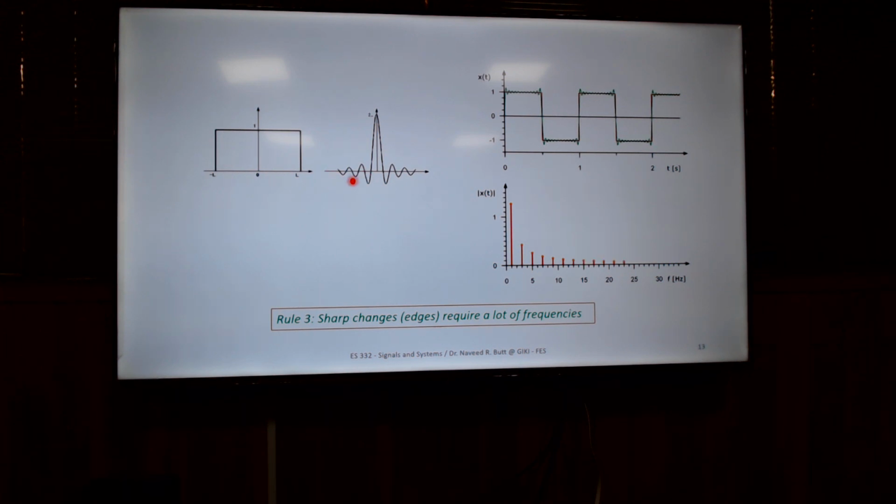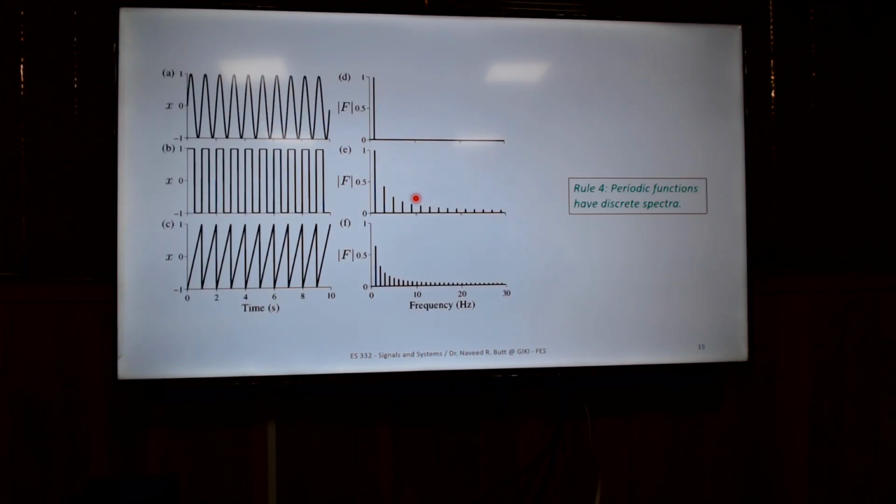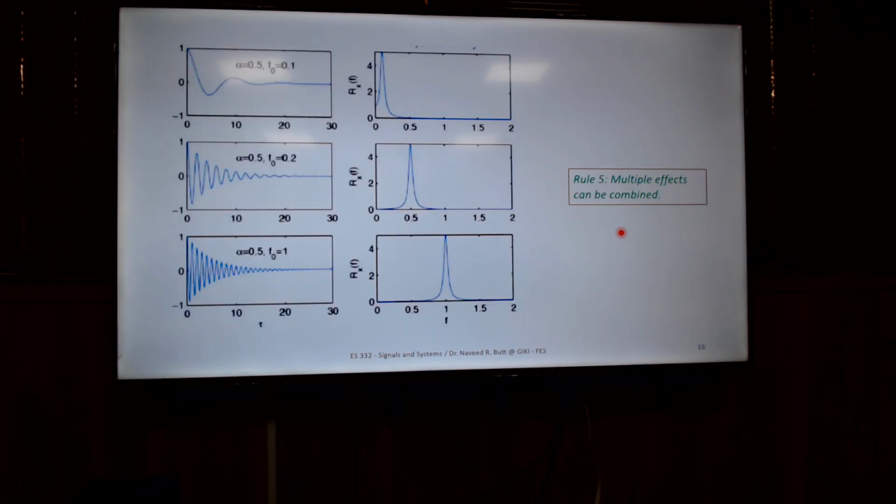This is a continuous function, completely continuous. Continuous and discrete, you remember by now, are decided by the x-axis. So again over here, rule 4, periodic functions have discrete spectra. Sometimes we call that the Fourier series, but with some additional constraints.